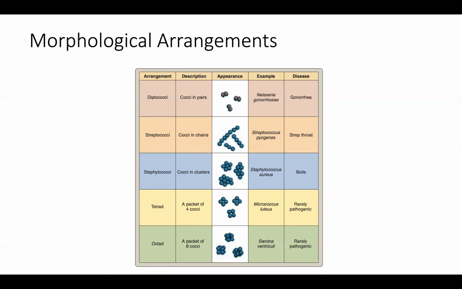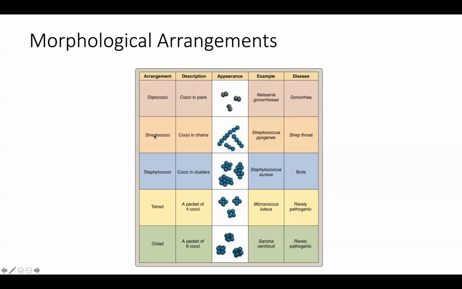Neisseria gonorrhea is the etiological agent that causes gonorrhea. This is a sexually transmitted disease that can actually be very problematic if left untreated. So diplococci, the morphology is cocci, but they appear in pairs.